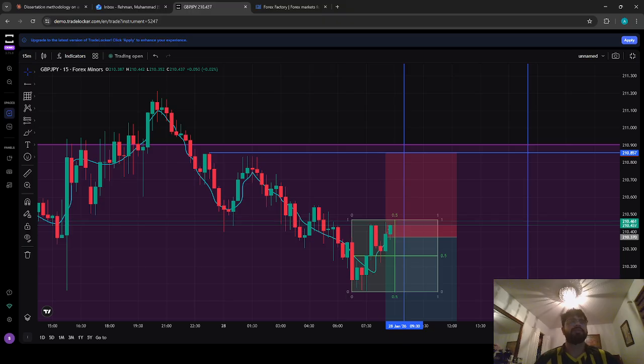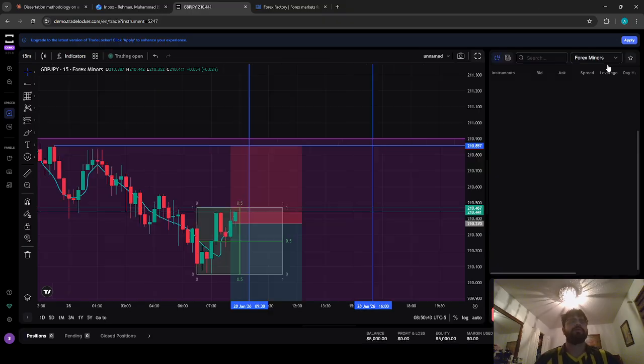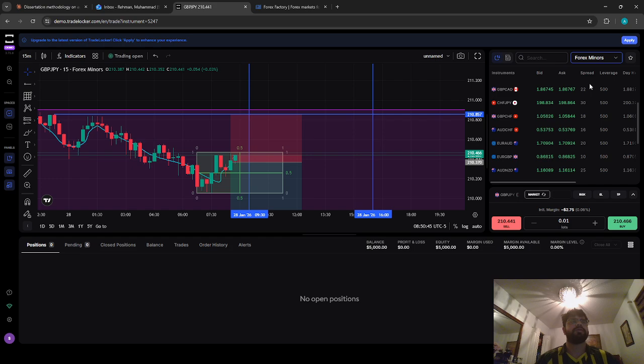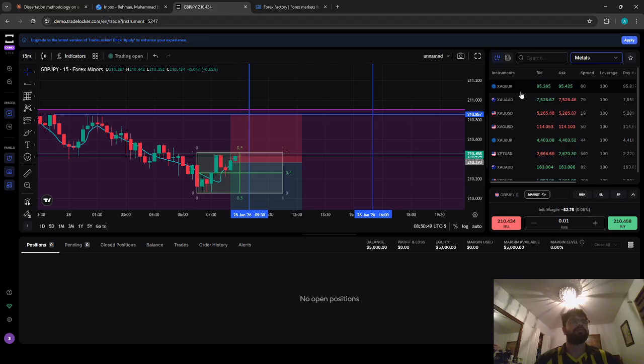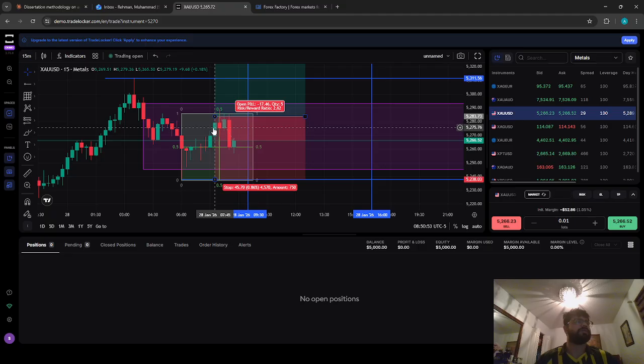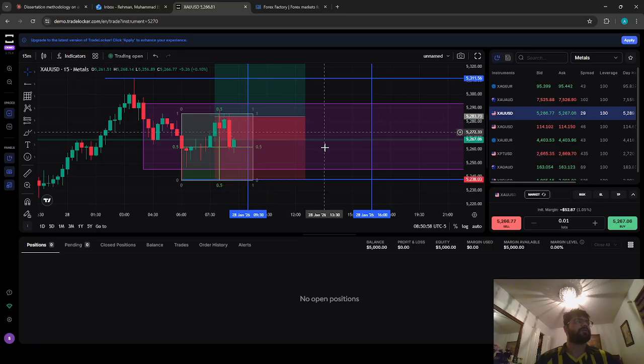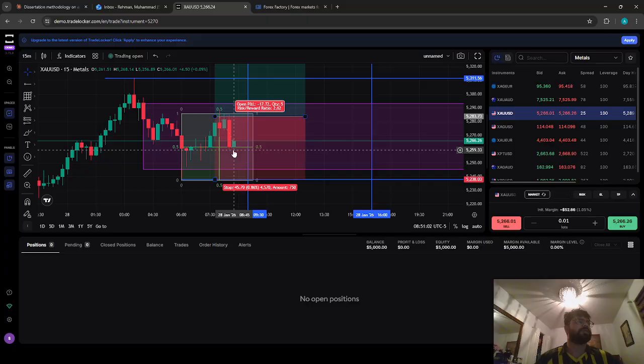Just to show you guys, I did the same stuff earlier for the metals that I usually like to look at. So XAU USD, right? This is a long position that I was looking at earlier today, and we were in equilibrium, so that's a good price to get it at, and then you can long it.